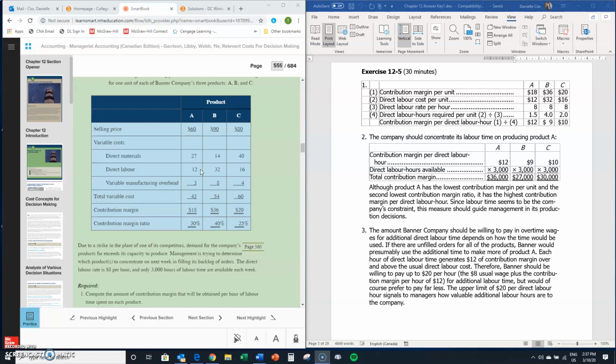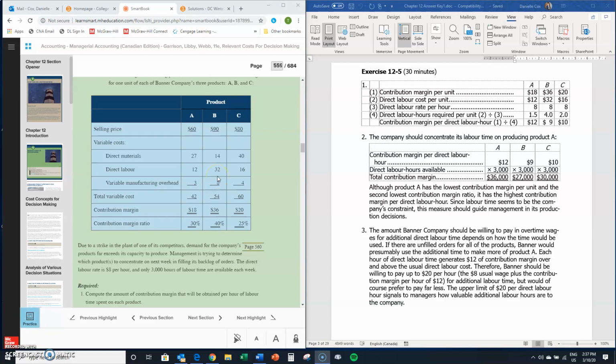So direct labor cost per unit is $12. They pay $8 per hour, which is given to us down here in the question. So if you take 12 divided by 8, we find it's going to be direct labor hours required of 1.5 per unit of product A.